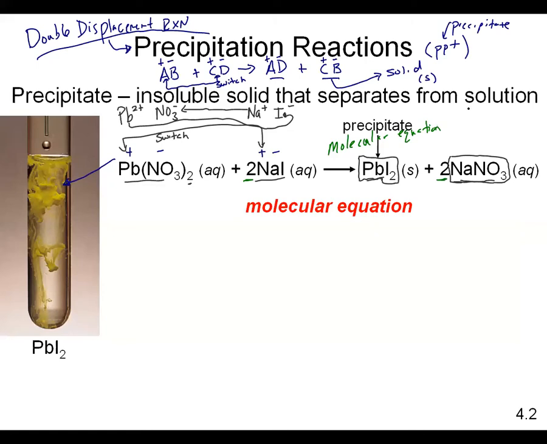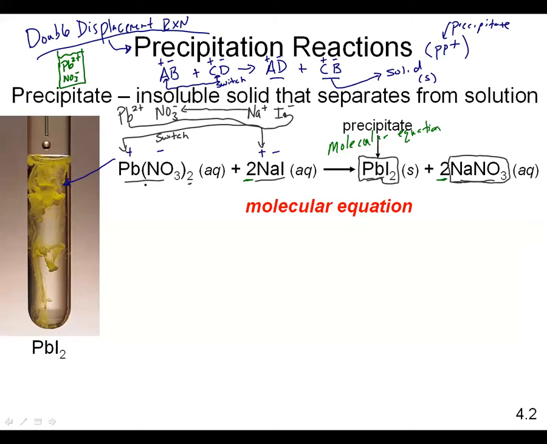Now, although this is a formula that does describe the overall reaction that is taking place, it really does not describe what is truly happening in this solution when we mix them together. So remember that when we are talking about a solution, something like our lead(II) nitrate, really in that solution, what we have are lead(II) ions floating around, and we have nitrate ions floating around. We really don't have any of these units still together.